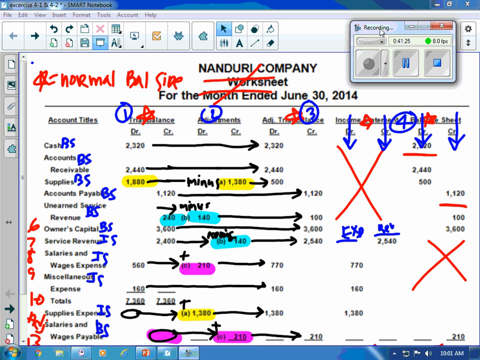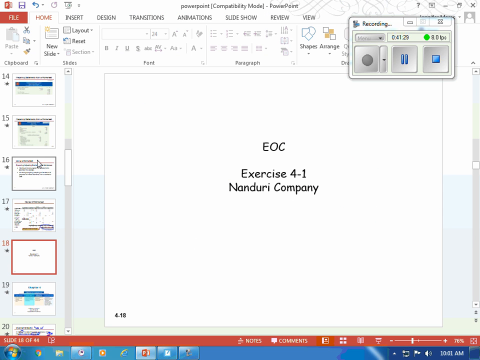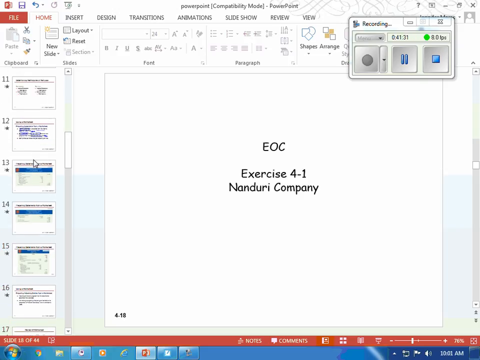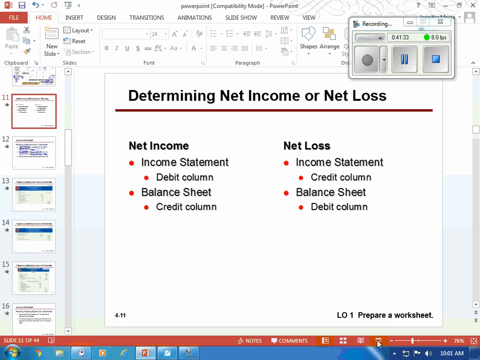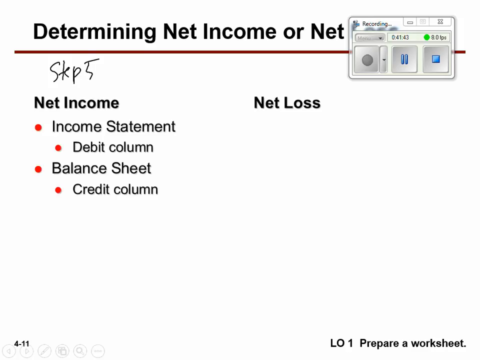I'd put what I'm about to show you in your notes. Let me see. Right here. When you get to, this is step 5. Right here, this is step 5 on a worksheet. How did that appear?